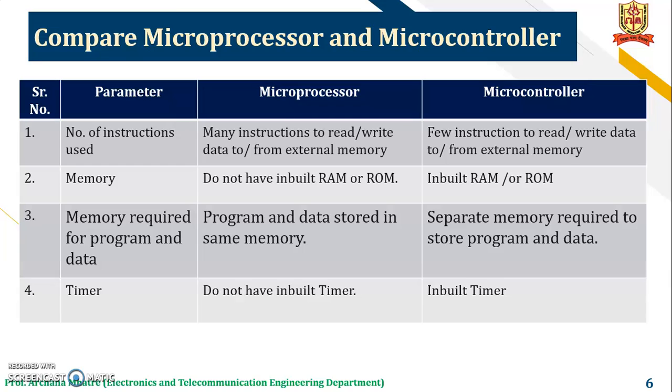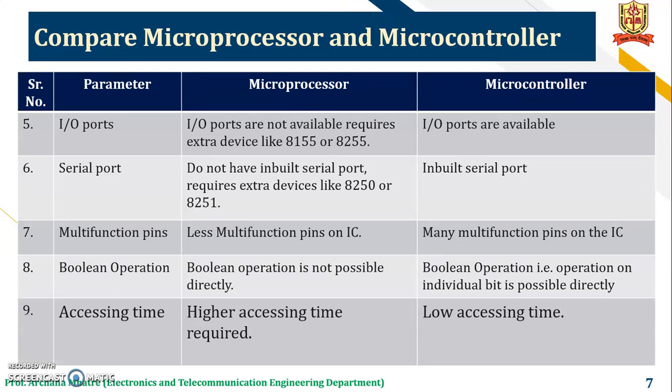Next parameter is timer. Microprocessor do not have inbuilt timer, while microcontroller has two inbuilt timer, that is timer 0 and timer 1. Next parameter is input-output ports. Microprocessor input-output ports are not available, requires extra devices like 8155 or 8255.